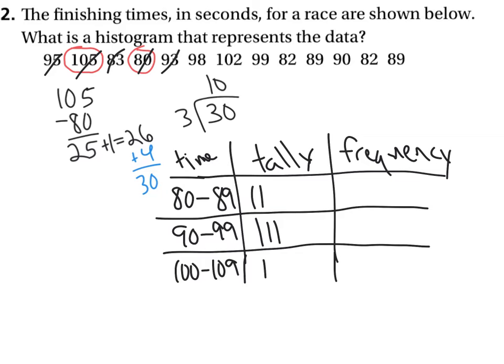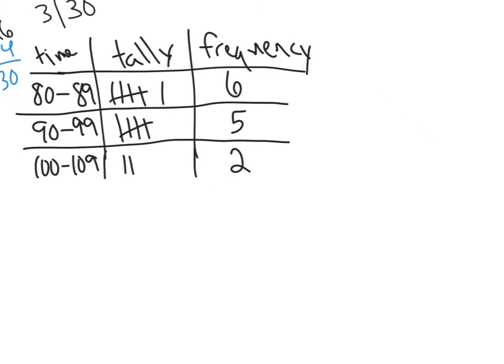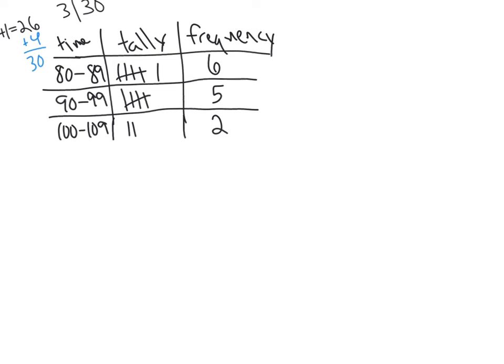And this is kind of nice because it's basically just dependent on our tens value or if it's in the hundreds. All right, so once we've done that, we are going to make our histogram based off of that information.